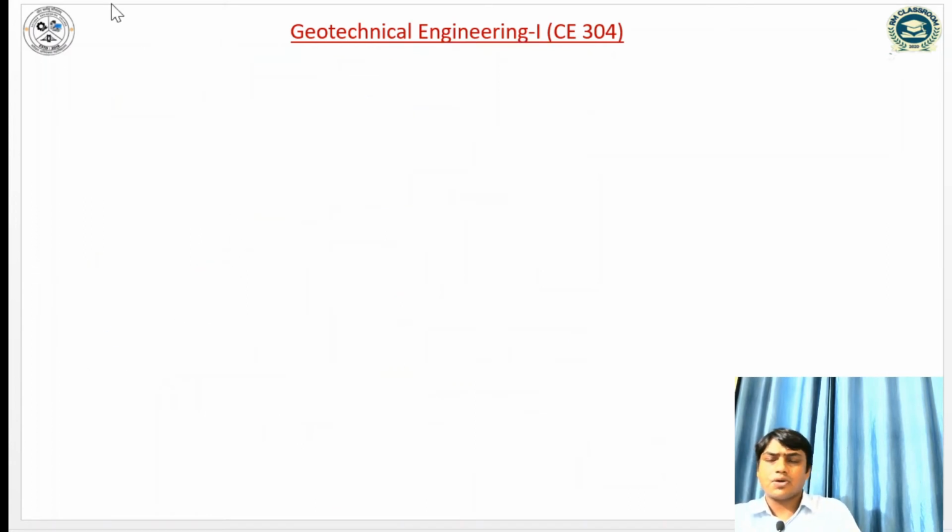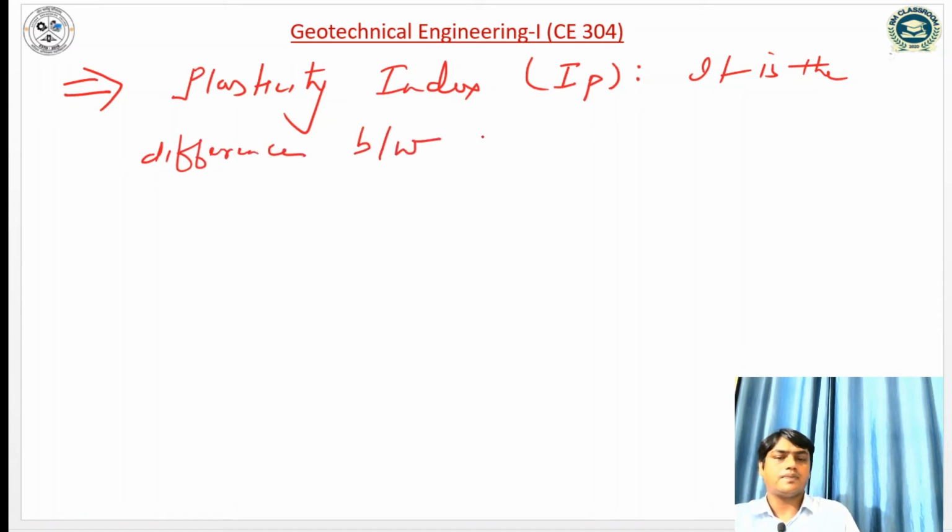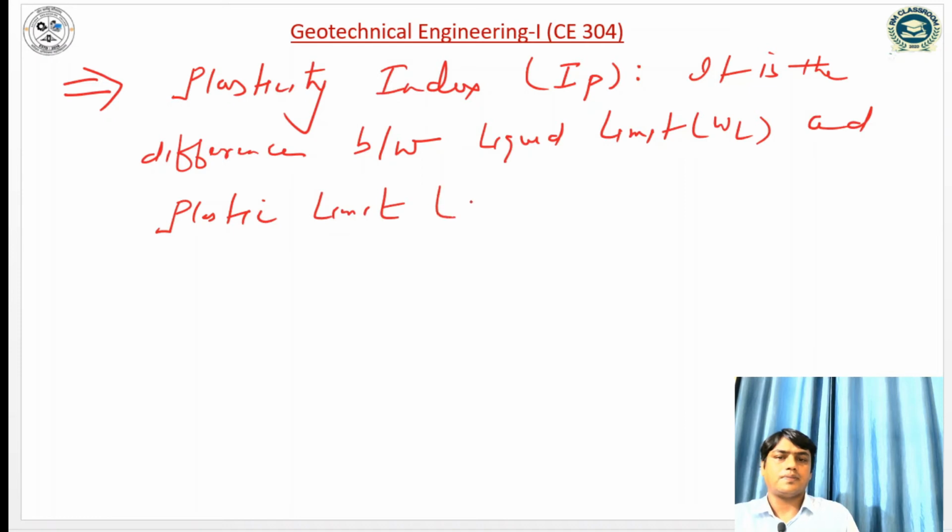Now I am going to discuss the plasticity index, and it is denoted by IP. So it is the difference between liquid limit and plastic limit.